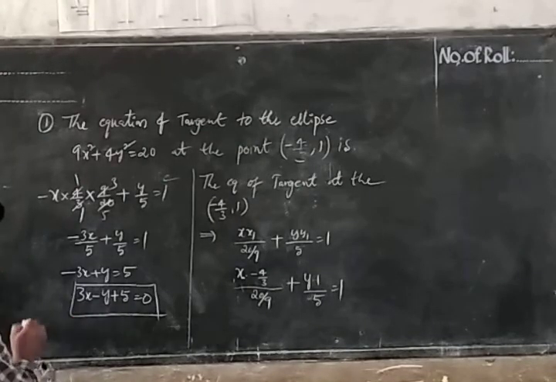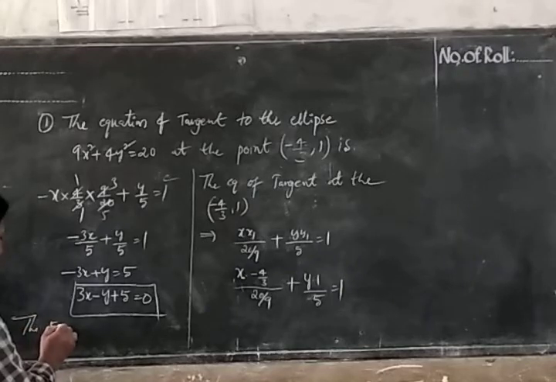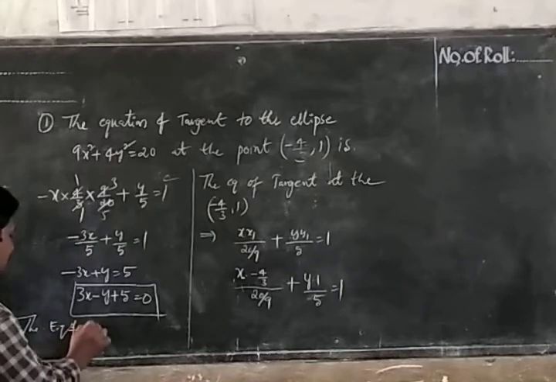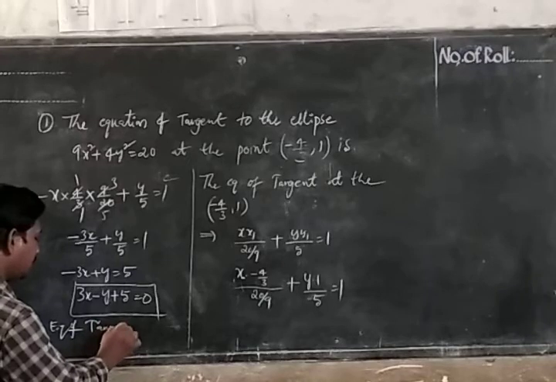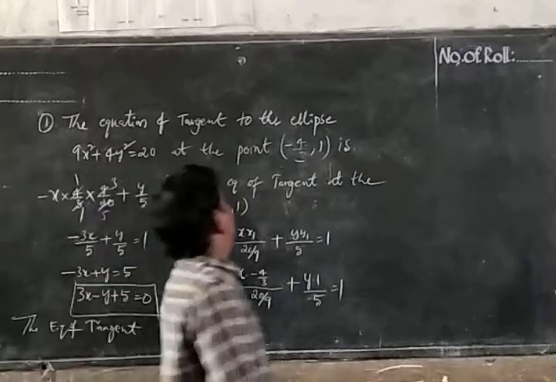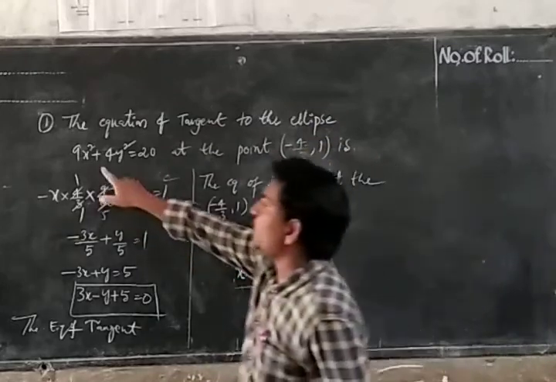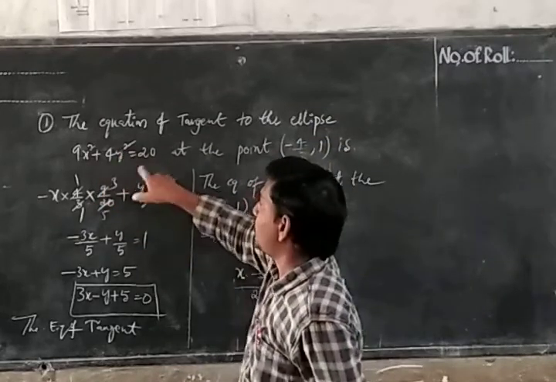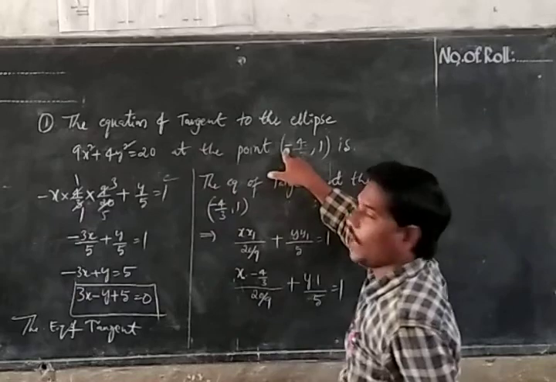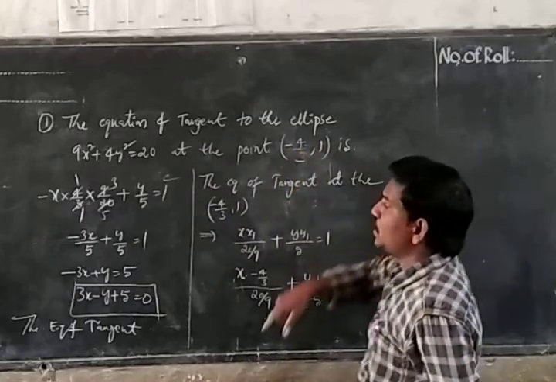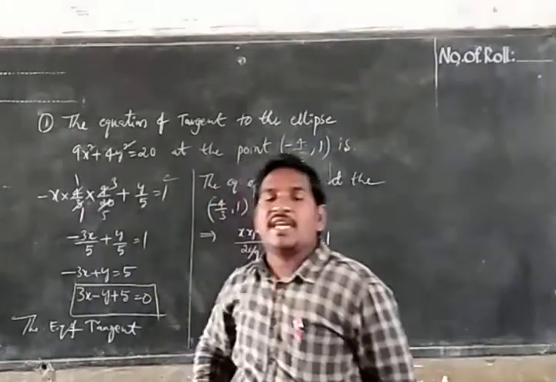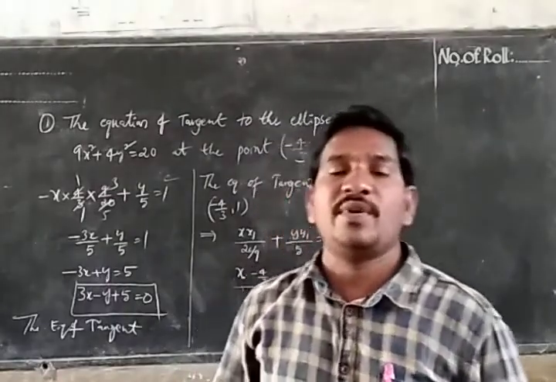The equation of tangent to the ellipse 9x square plus 4y square equal to 20 at the point minus 4 by 3 comma 1. So we have the ellipse x square by a square plus y square by b square equal to 1.